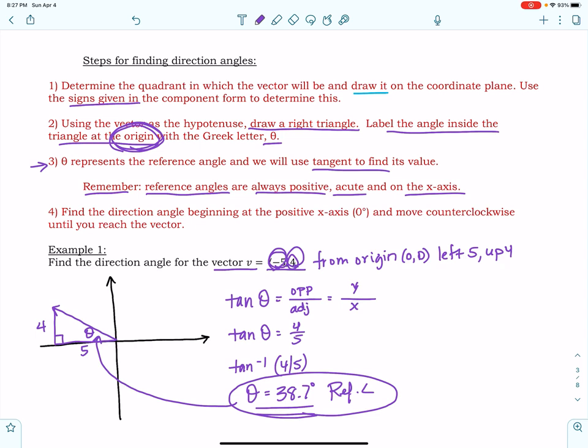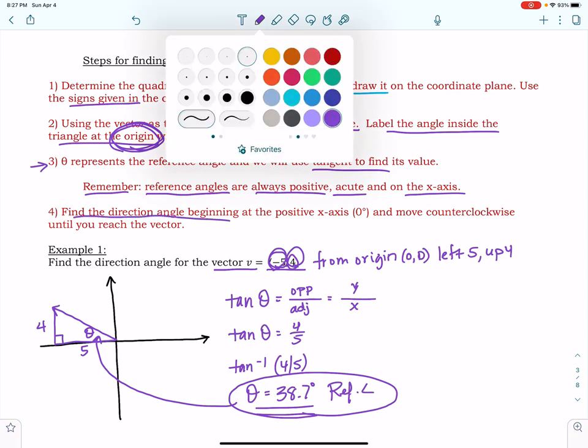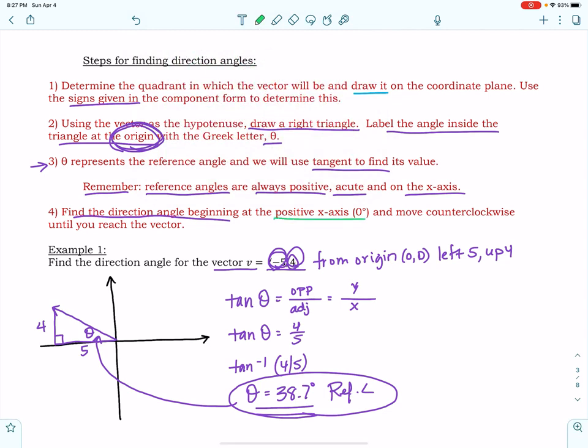Once we get the reference angle, now we're ready for the direction angle. The thing to remember about the direction angle is that it always, always, always starts at the positive x-axis, and we move counterclockwise until we reach the vector. So the direction angle is right there. So this is the direction angle.